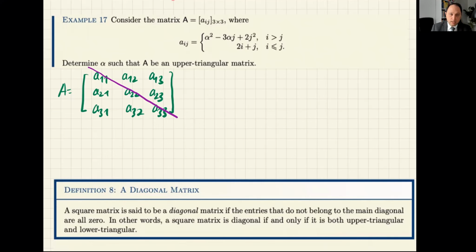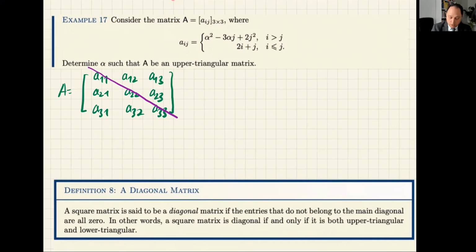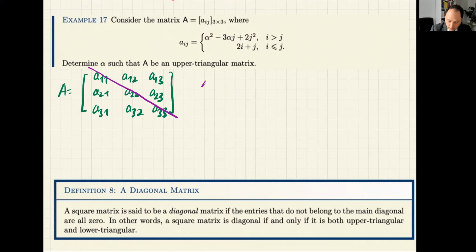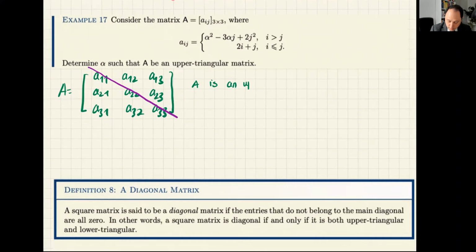Everything below the main diagonal should be 0 because I am demanding my matrix to be an upper triangular matrix. So it means that what is below the main diagonal should be 0. So A is an upper triangular matrix.